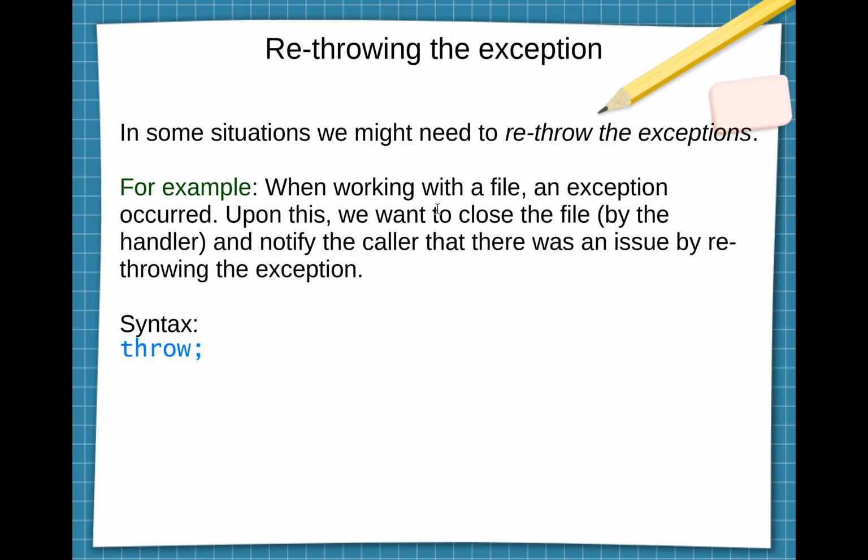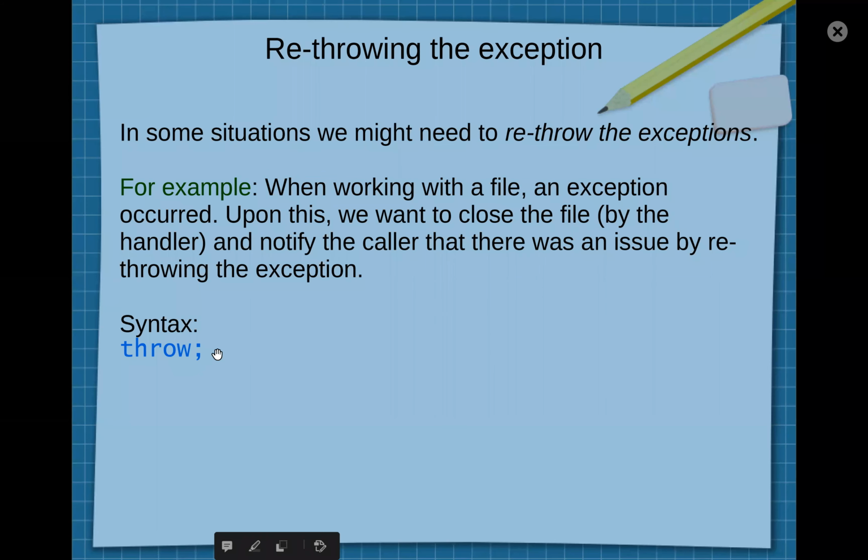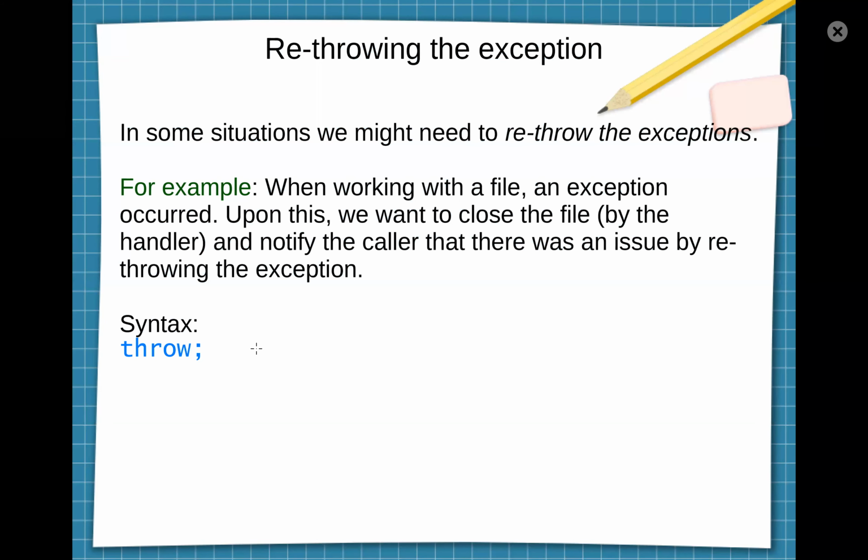Obviously when I'm working with a file, it's probably some sub-function that is doing this, and we would like to notify the parent function that something happened. So what we can do in this case is handle the file and rethrow the exception. In this case, we don't need to say exactly what we are throwing. We will just say throw again, and the exception that was generated will be rethrown.